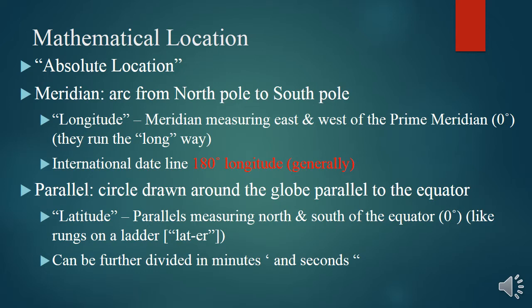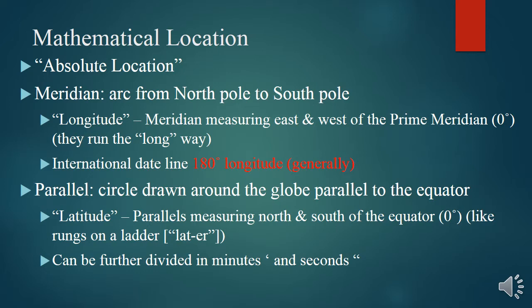The international date line is sort of opposite the prime meridian at 180 degrees longitude. Generally, we'll talk about how it has some zigzags in it for the most part. So 180 degrees going easterly from the prime meridian, and 180 degrees around going to the west of the prime meridian, both ending up in basically the same spot, that international date line.